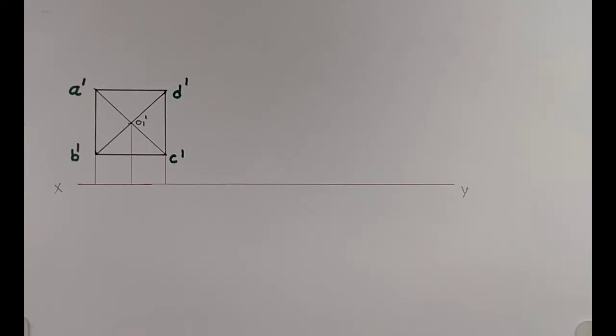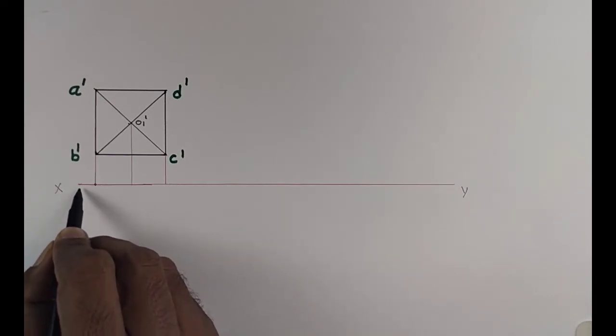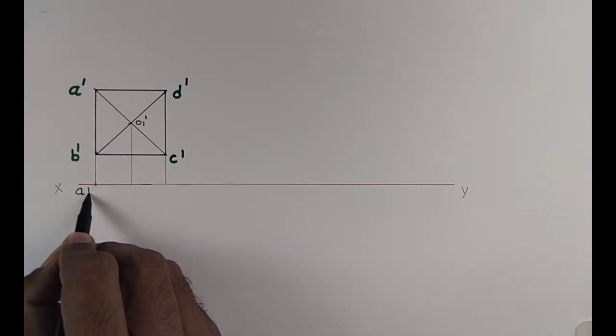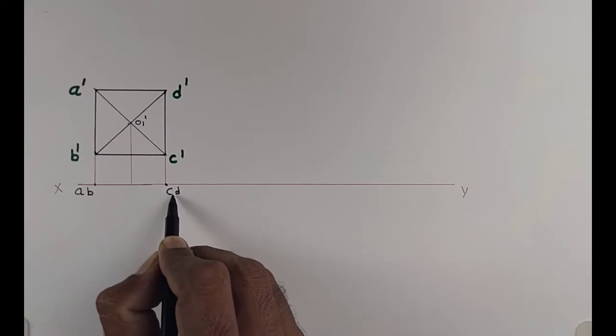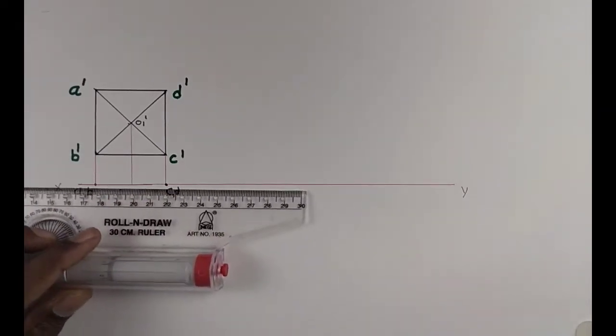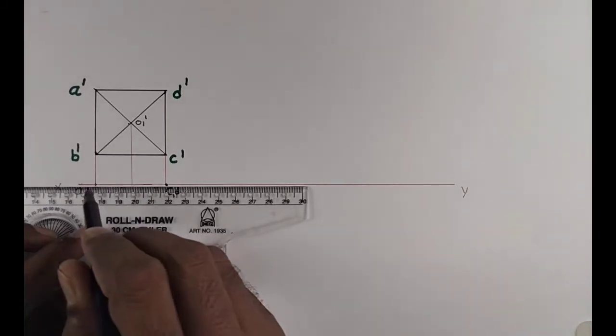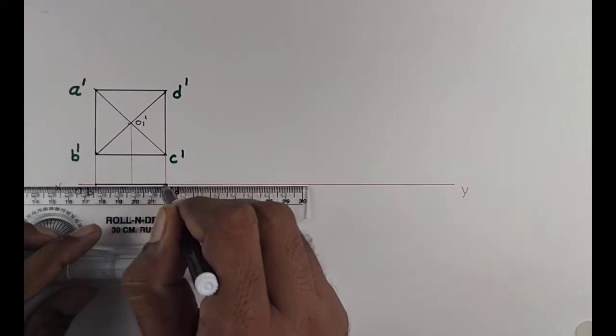Now the base on VP, it means the top view of the base is on XY line. So this is my A and B point. This is my plan of corner C and D point. So we draw the dark line, and this dark line shows the top view of the base of the square pyramid.